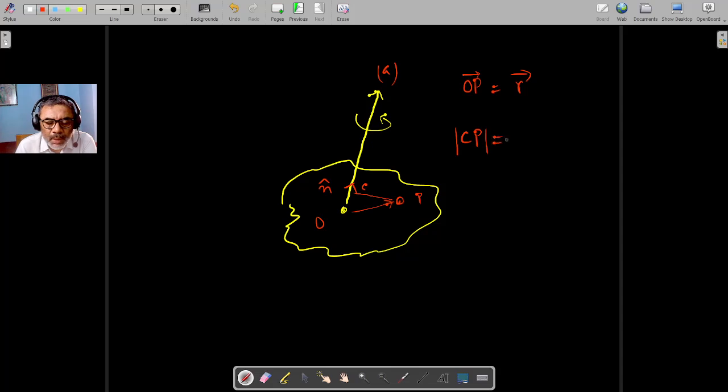The magnitude of CP is the magnitude of r sine theta, where theta is this angle. Then we can say that CP equals the magnitude of r cross n.